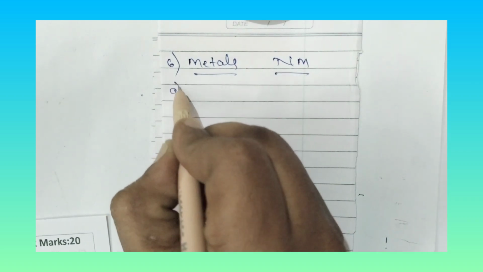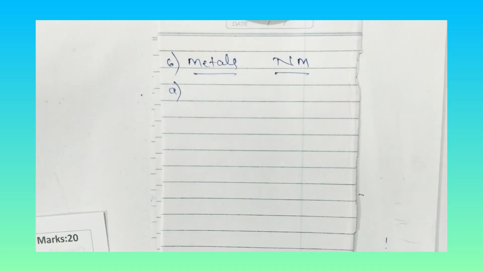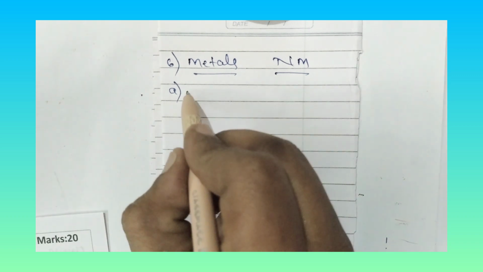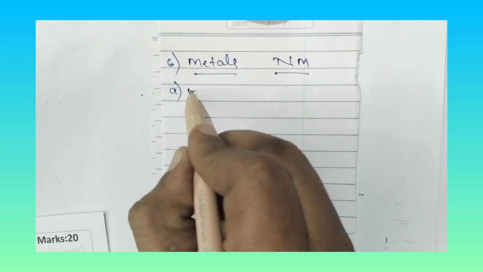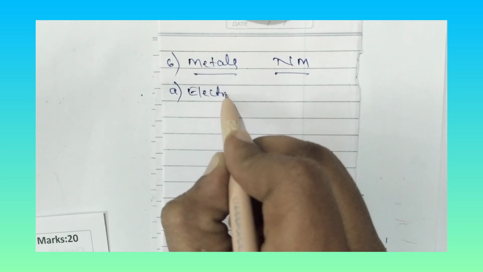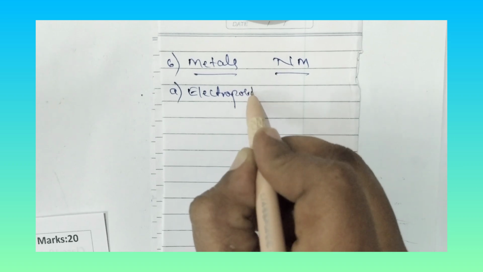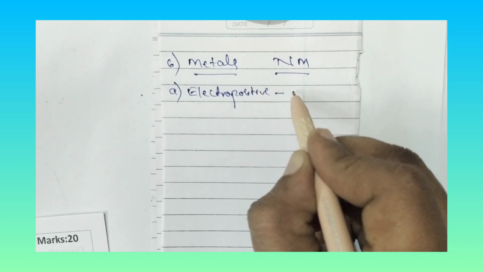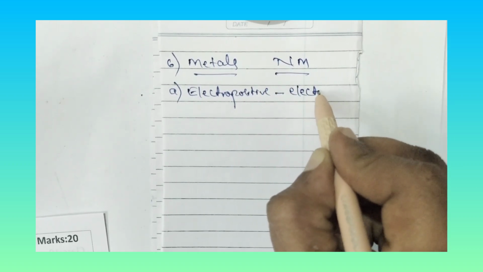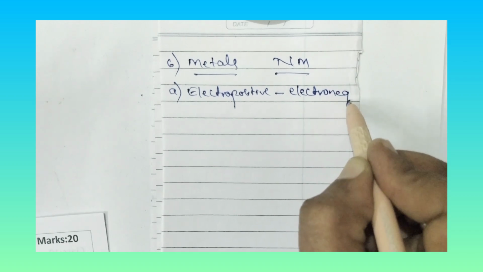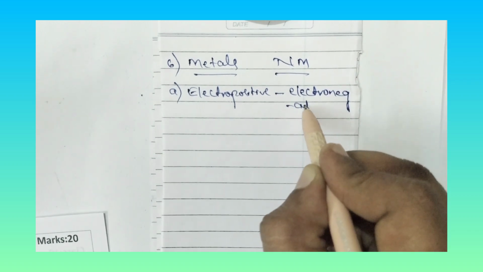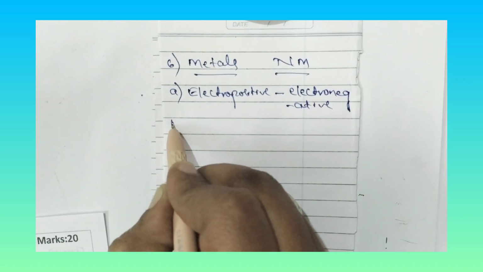So the first difference with respect to chemical properties, metals are electropositive and non-metals are electronegative.